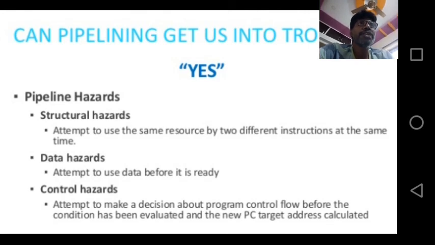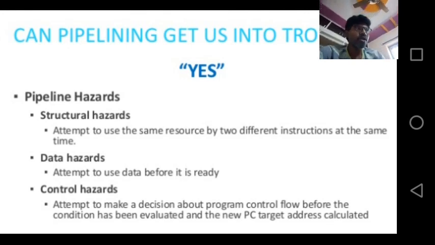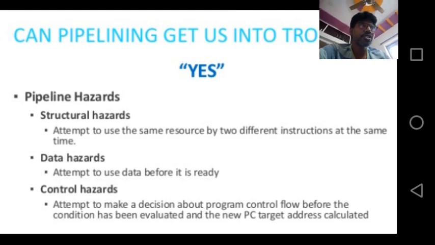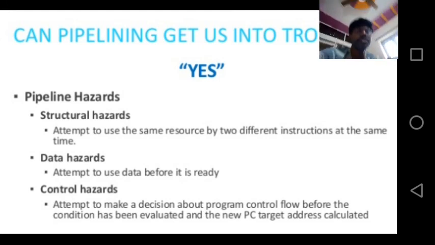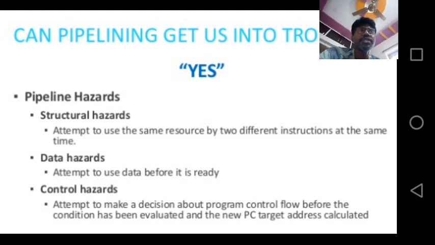If a pipeline has to be implemented, there are certain rules. One is the total process has to be divided into different stages. All stages can be operated simultaneously, and the output of one stage should go as an input for the next stage. So there are some conditions.